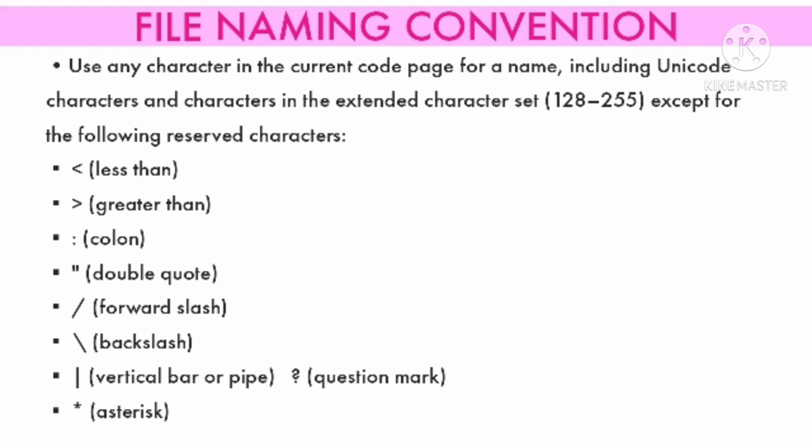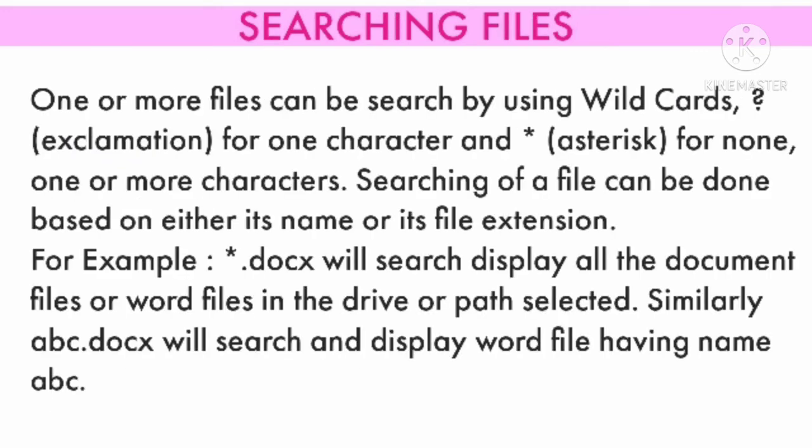Use any characters in the current code page for a name, including Unicode characters and characters in the extended character set, except for the following reserved characters: less than, greater than, colon, double quote, forward slash, backslash, vertical bar or pipe, question mark and asterisk.